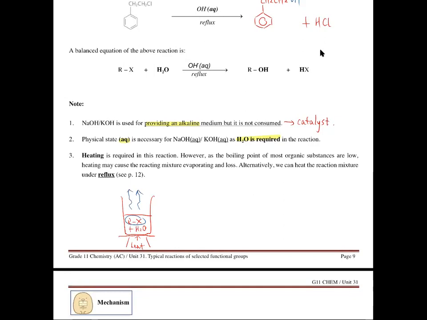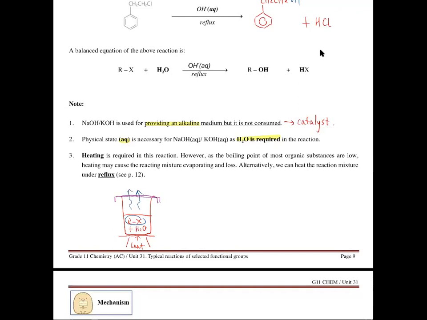So it won't have any reactions here. So how can we stop that? How can we stop the organic solvent from escaping the system? We cannot remove the heat, otherwise the reaction won't take place. But can we simply add a lid here to cover it? Will it cause any problem?